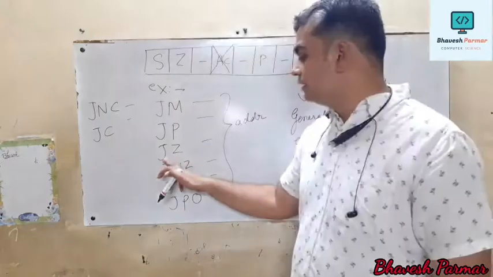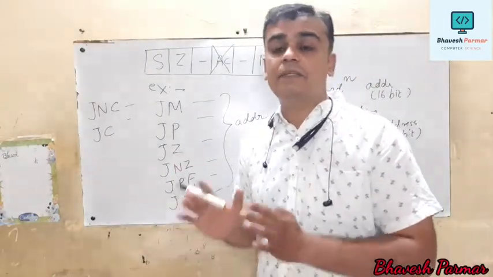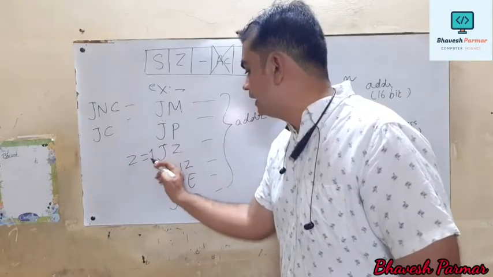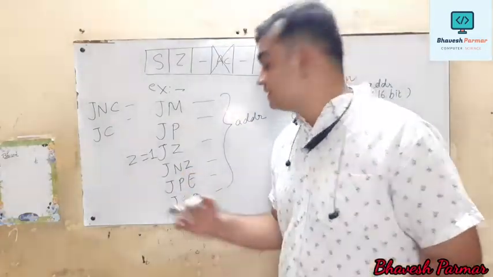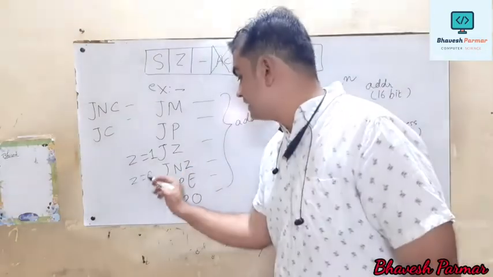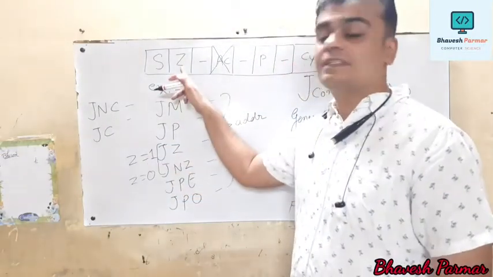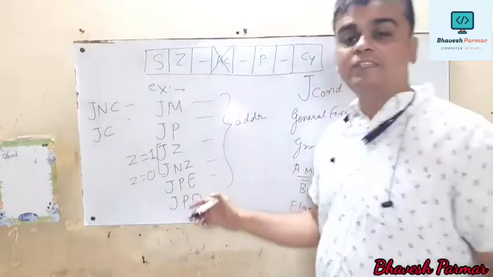Next is JZ, jump on zero result, meaning in that scenario Z is equal to 1, and JNZ means jump on non-zero, in which case Z is equal to 0. So these are the basic instructions related to the Z flag. Thereafter, the P flag, which is called the parity flag.